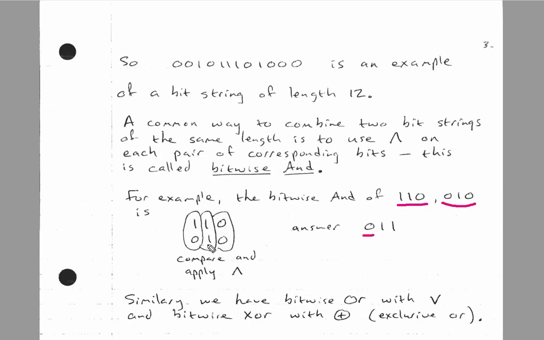AND is looking for 2 ones to give a 1. 2 zeros, that's no good, that should be a 0 here. So the bits have to be both true.